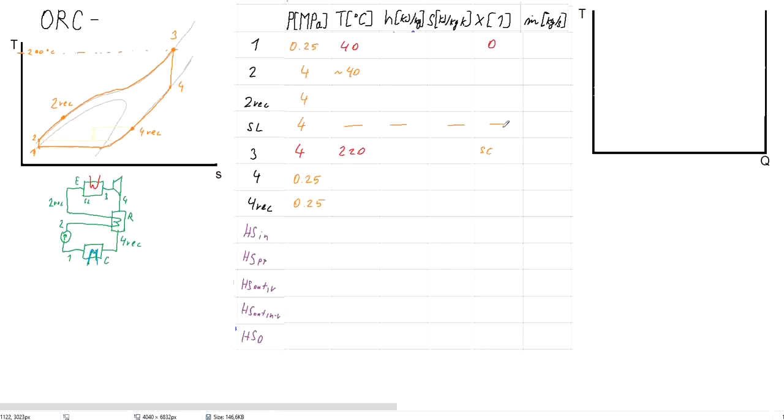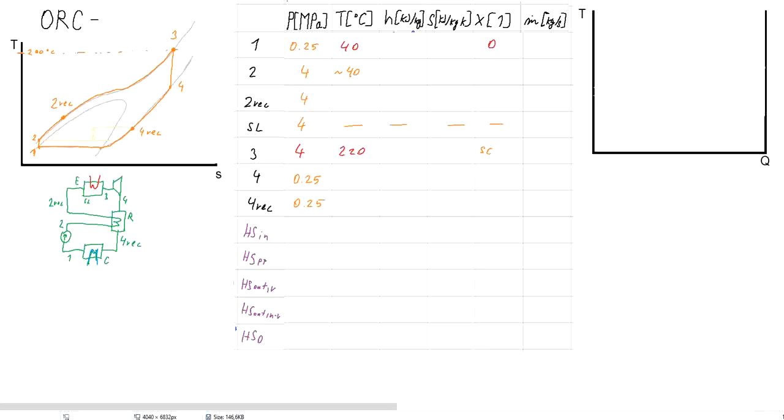Now back to the point 1. We have the pressure or temperature, we have the quality. So from these two properties we can get the enthalpy and eventual entropy. Procedure was shown before.